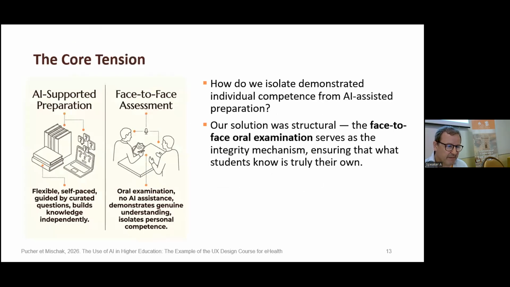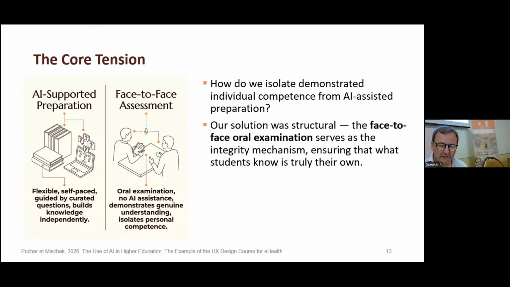And the core tension of this approach is to divide between AI-supported preparation and the face-to-face assessment. And we think that the face-to-face oral examination is the integrity mechanism for our course, and is able to prepare this integrity and high standard of assessment.